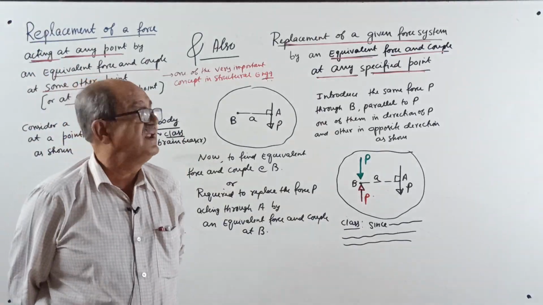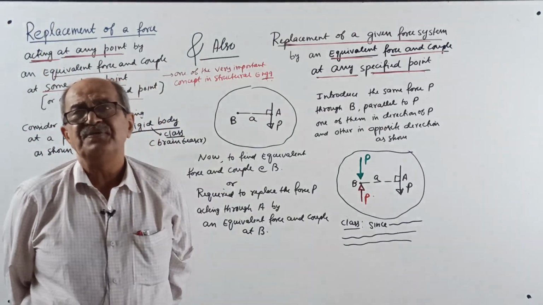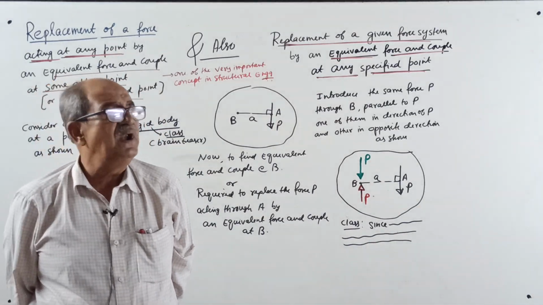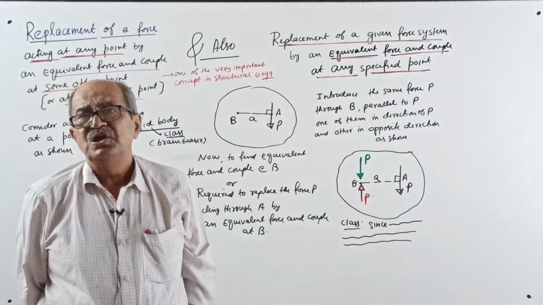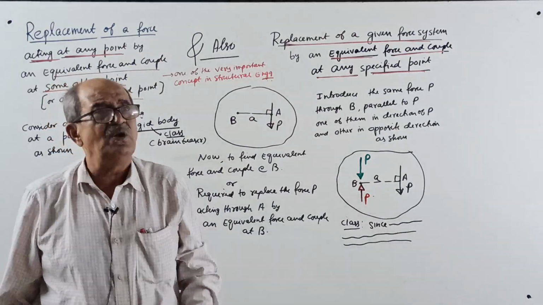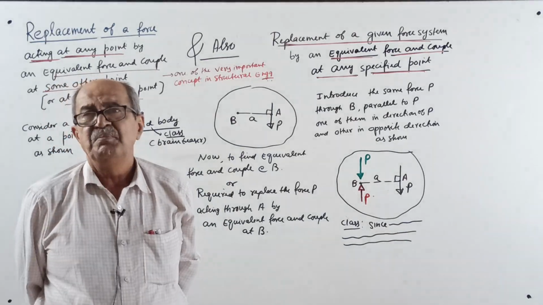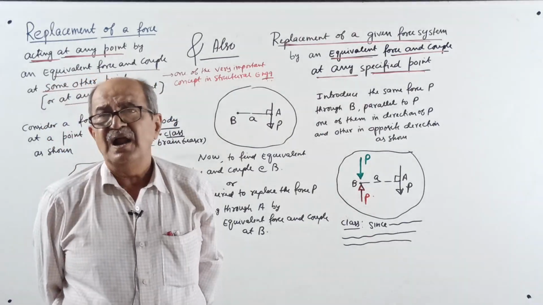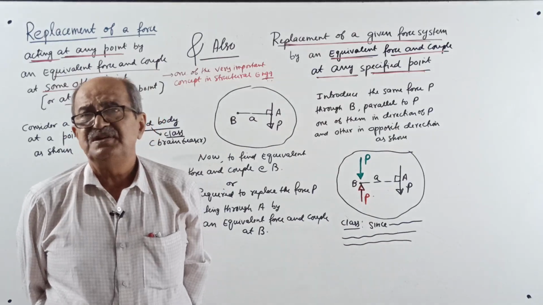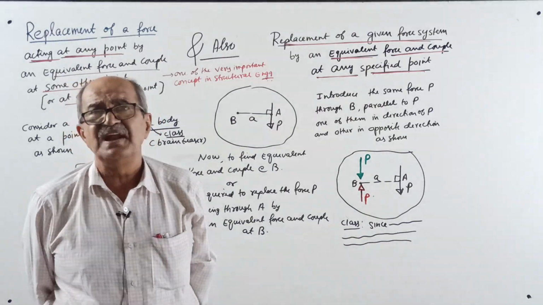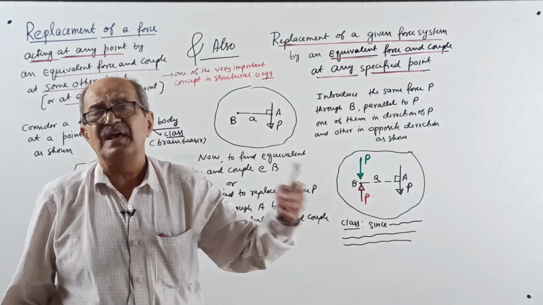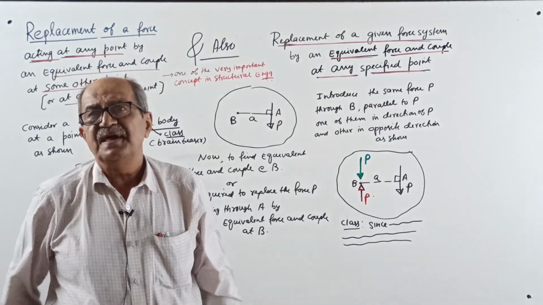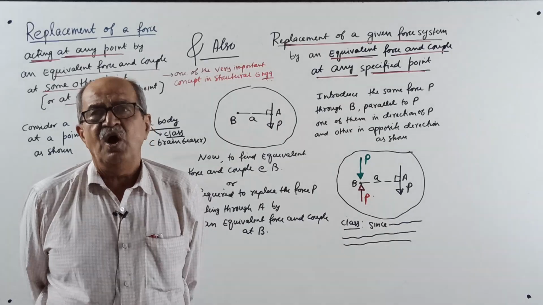But see, class, brain teaser, it will come a little later. I will ask a question there. When you replace a force acting at any point by an equivalent force and couple at some other point, you are considering rigid body, yes or no? Yes. But you do this for RCC column, RCC footing, then steel also, in steel structure, eccentric connections. I'll give examples here. And steel columns and pre-stressed concrete, when the cable is eccentric, you are all using it.